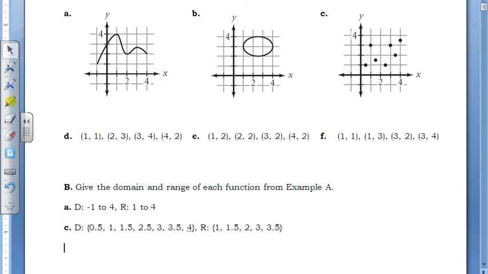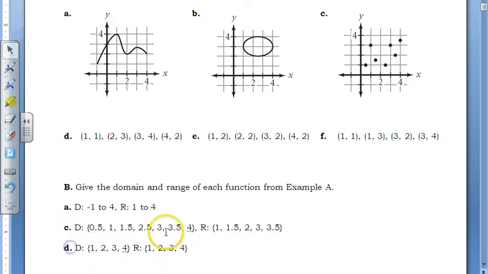Keep going, and I'm going to do these ones quickly. The domain of letter D is 1, 2, 3, 4, and the range of letter D is also 1, 2, 3, 4. I'm going to save myself some time.